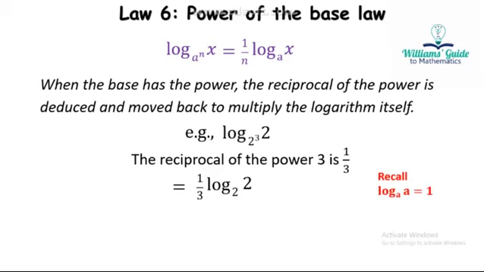Remember our law, when the number a and the base are the same, we say the logarithm of such is equal to 1. Therefore we have 1 over 3 times 1, which is equal to 1 over 3.